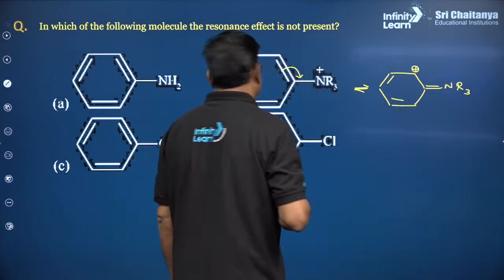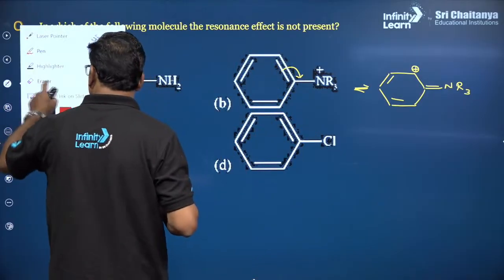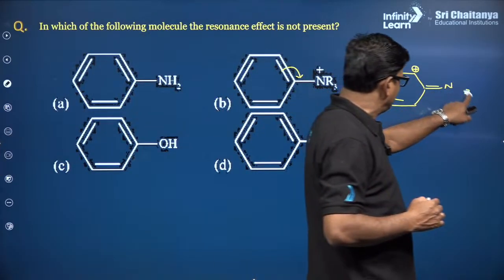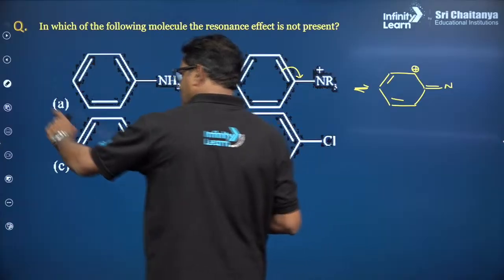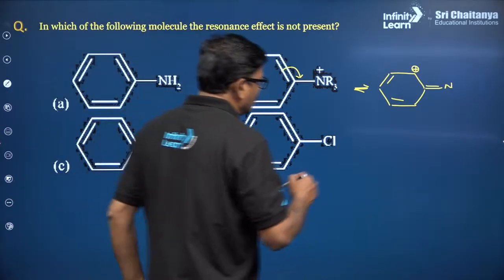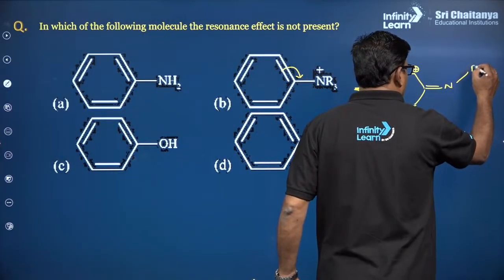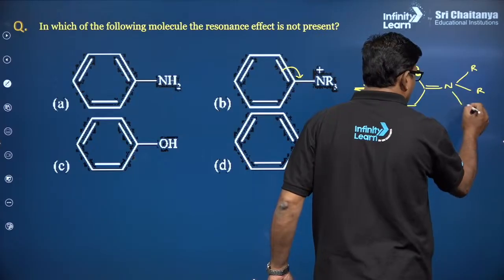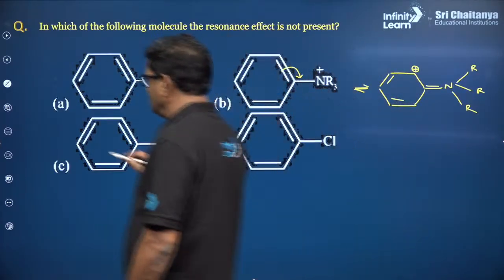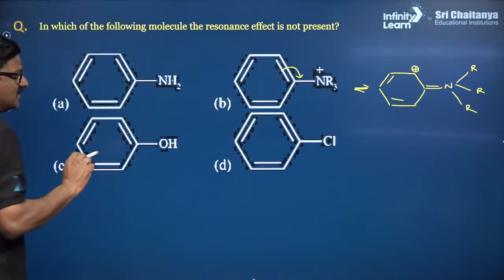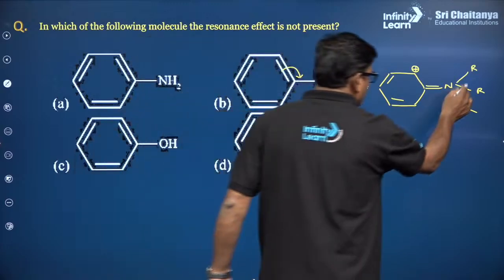Now I want to see this structure. Let me expand this. You're going to see R and R and R. Now surprisingly, how come this nitrogen is forming 5 bonds?